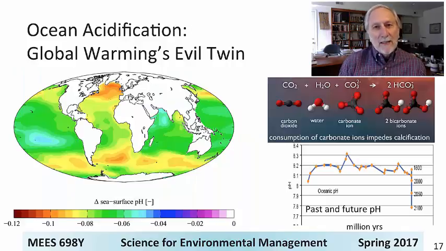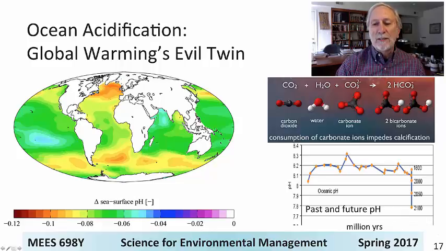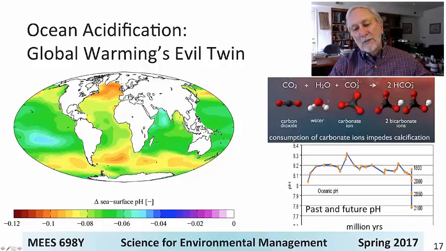So finally, let me mention one other manifestation. It's not really climate change per se, but of the buildup of the increase in CO2 concentration. And this is the phenomenon which is called ocean acidification. For the most part, the oceans aren't acidic, but it basically is reducing the pH of the world's oceans because more CO2 is being dissolved into the surface waters of the ocean.